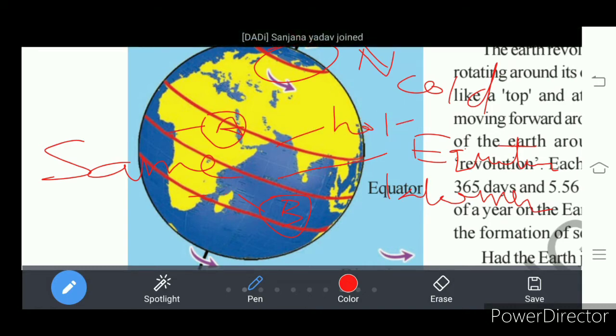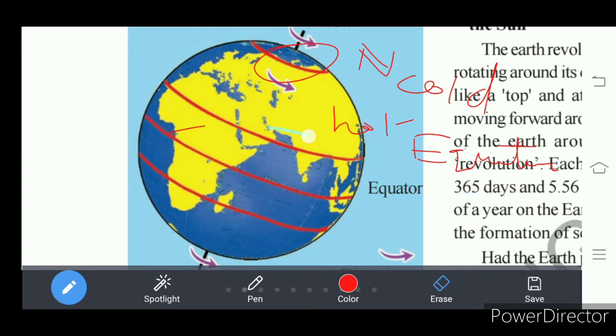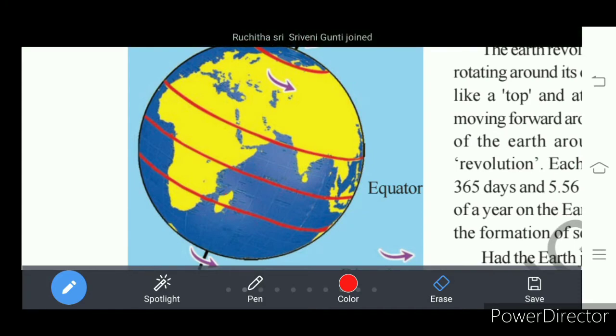So how is the temperature on Earth's surface? Some are cold regions, some are very cold regions, and some are warmer, and some other are hot regions. It means the temperature is not the same on all the places and also at one place.